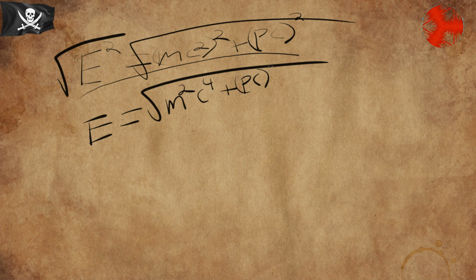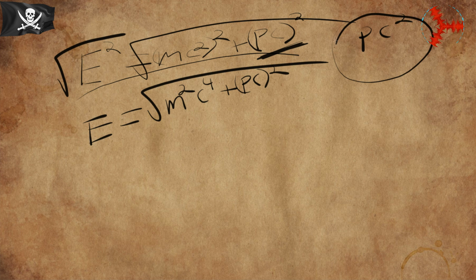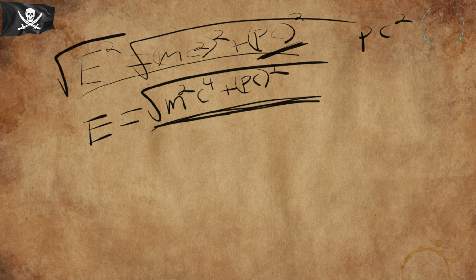Anyway, I don't actually know why I got it wrong. I got two wrong things. This is not pc squared. I just messed up somewhere when I was simplifying for the video. Now, this is the original formula, oopsie daisy, that I actually used at first to get my value.